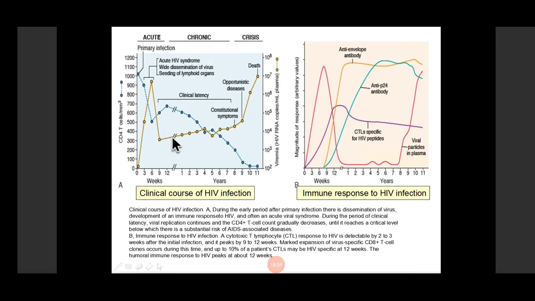It keeps on multiplying at a very slow rate. At the same time, there is some gradual improvement in the CD4 plus T cell count, and at this time the patient goes into clinical latency. Here the person becomes clinically asymptomatic, and this period of clinical latency lasts for many years.